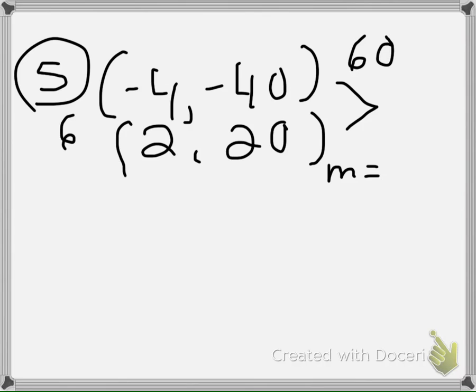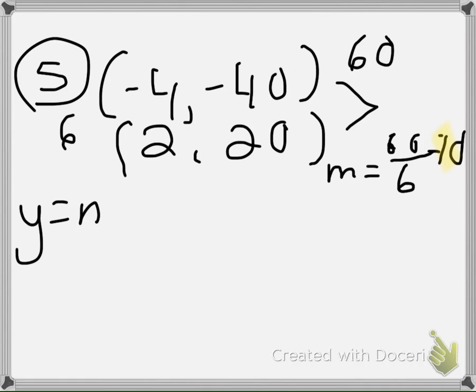M is always equal to your change in y divided by your change in x. Well, 60 divided by 6 is 10. Okay, I have to substitute in three things.